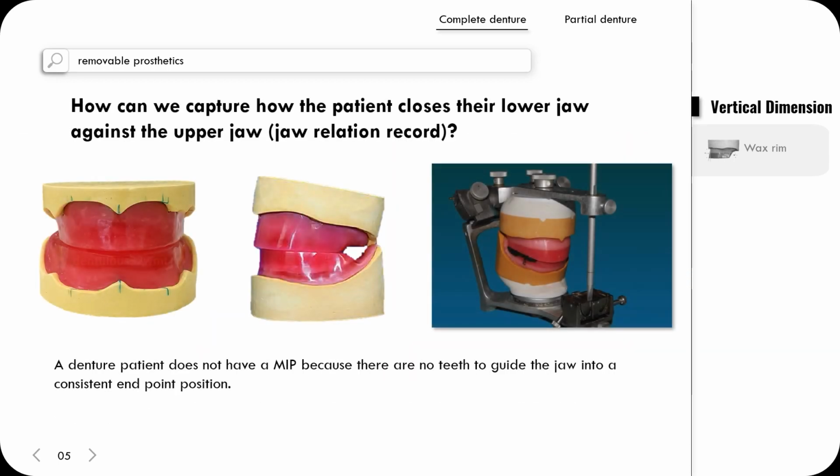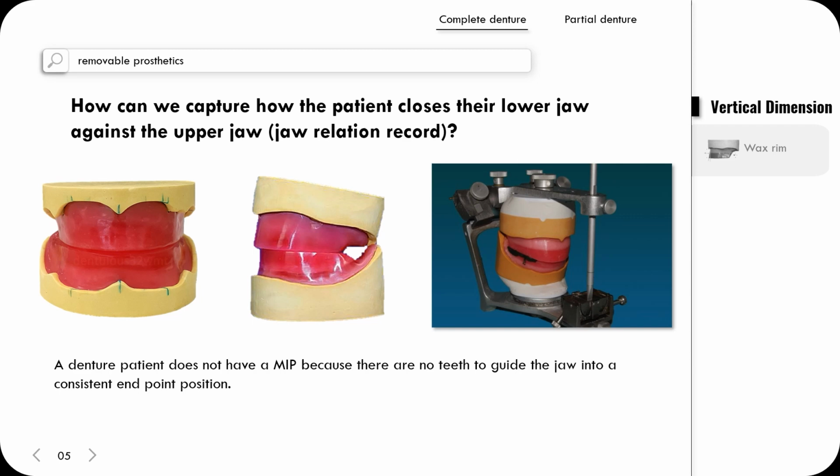Okay, so now that we've established the upper and lower rim, so we've used those wax templates to know where the teeth should be positioned, we have to answer the question: how can we capture the patient's jaw relationship when the patient closes their teeth together?